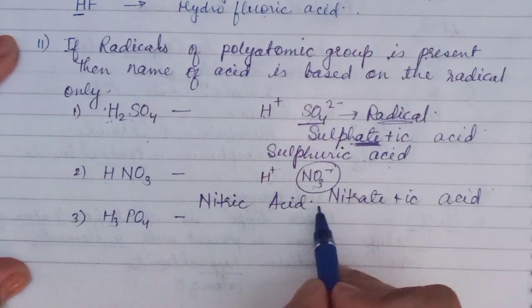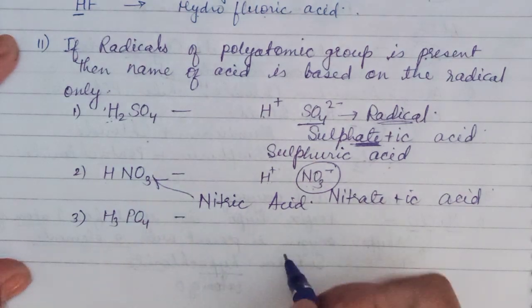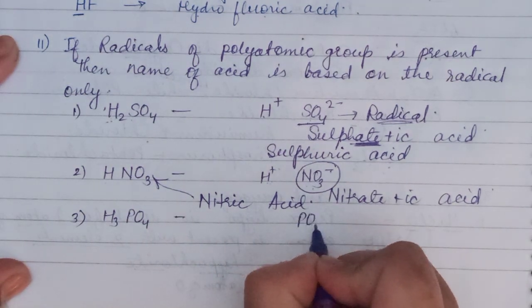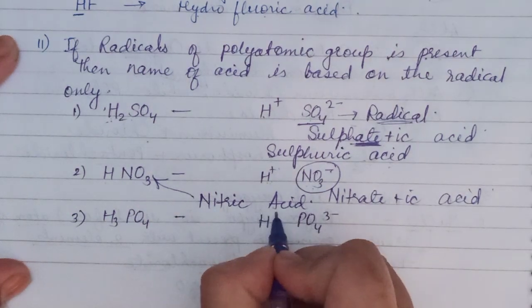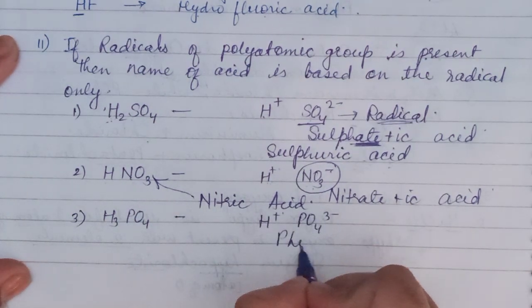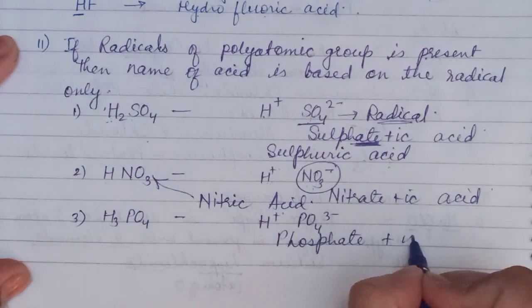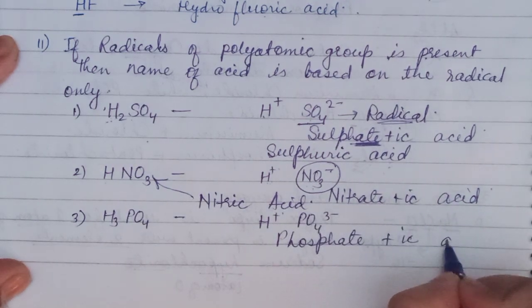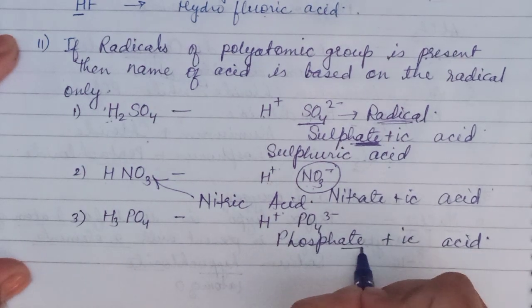It is nitric acid. Now H3PO4. PO4 3 minus is phosphate, and H plus. To phosphate you will add ic acid, so it will be phosphoric acid.